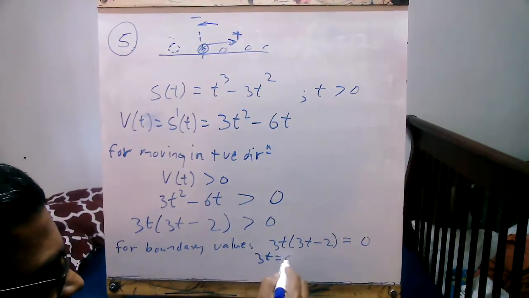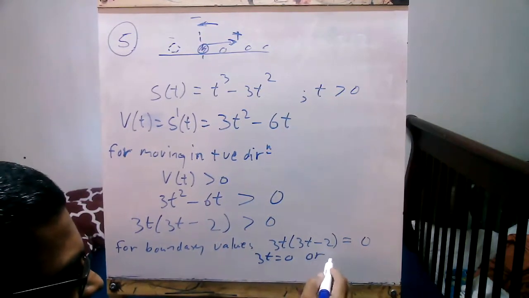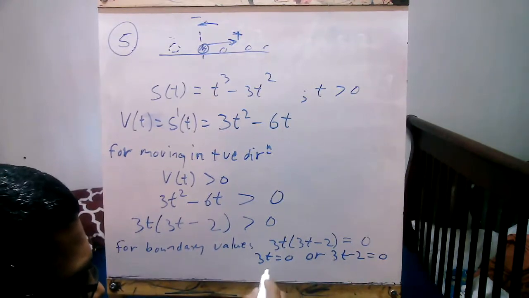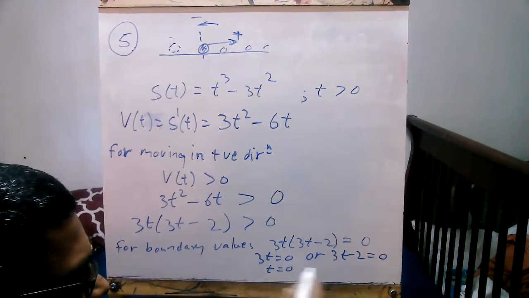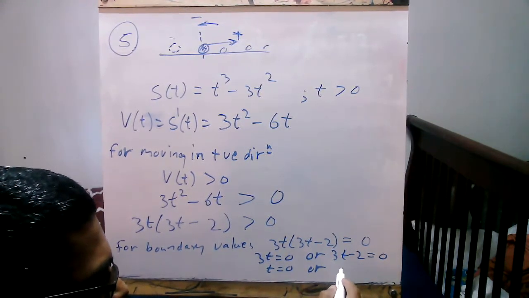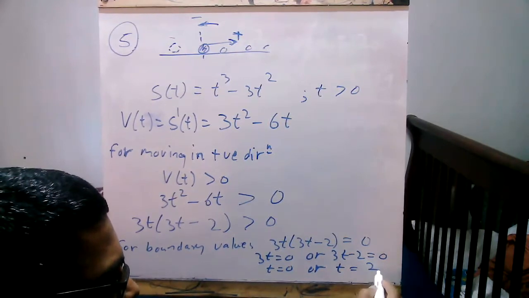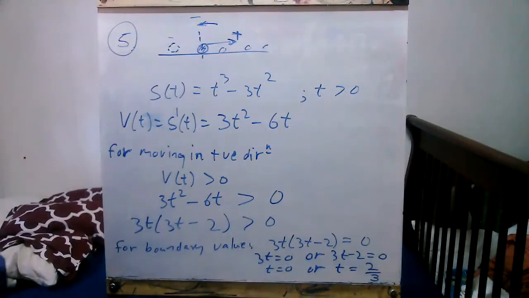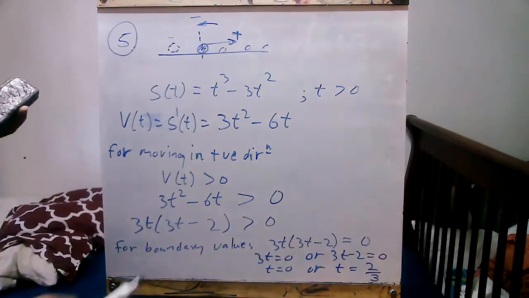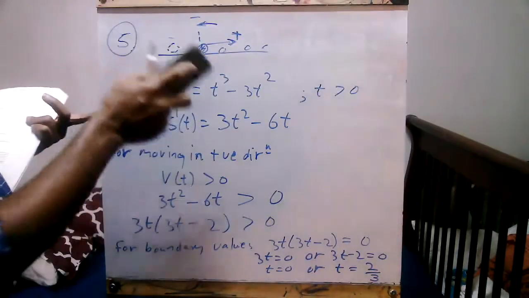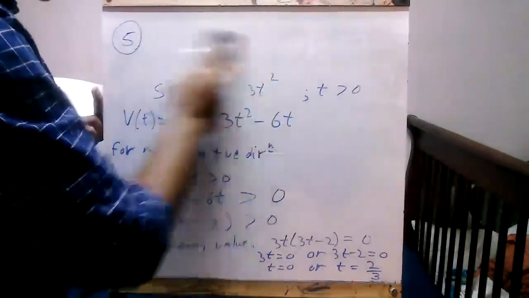Either 3t equals 0 or 3t minus 2 equals 0. This gives us, dividing both sides by 3, t equals 0 or t equals 2 over 3, right? Now we get this boundary value. We have to find when this thing is greater than 0. Okay, for that I'm gonna erase this top part.